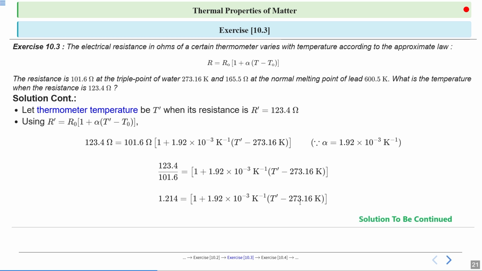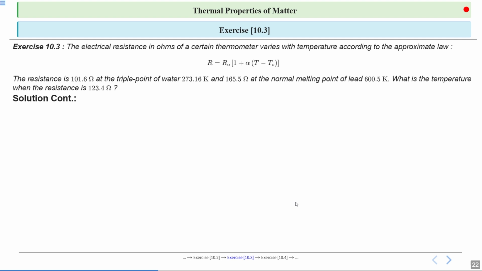Further solving this, for T prime: 1.214 minus 1 is equal to 1.92 into 10 raised to the power minus 3 per Kelvin into T prime minus 273.16 Kelvin.